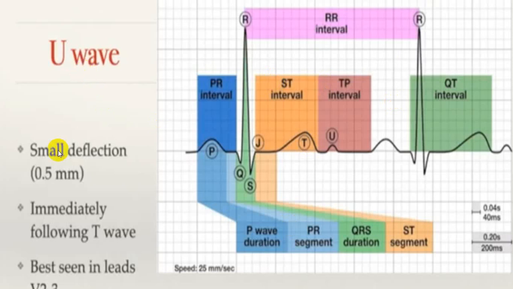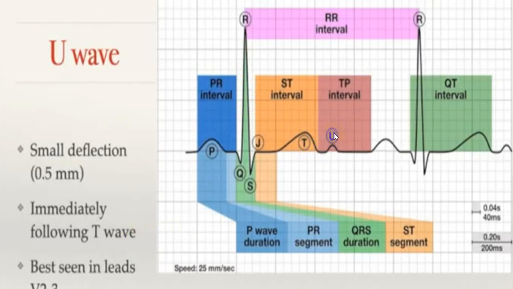What is U wave? U wave is a small deflection which immediately follows the T wave, and it is in the same direction as the T wave, and the T wave is in the same direction as the QRS complex. So U wave is also positive whenever QRS complex is upright, and it is just after the T wave.